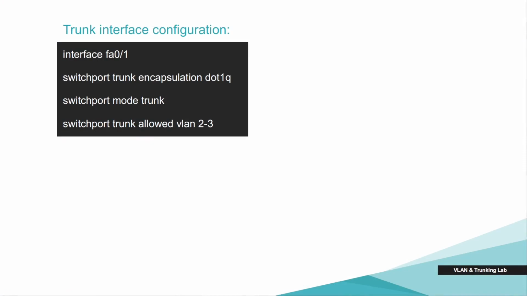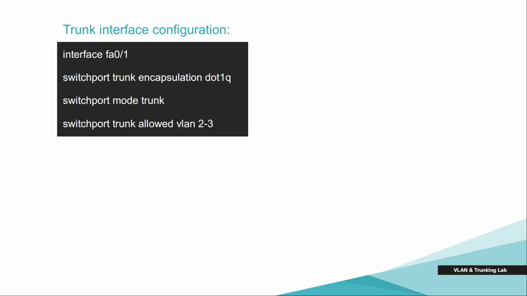The next step on my lab is to configure the trunk port. So interface Fast Ethernet 0/1 will be my trunk port, and the first command I should specify is the trunking protocol that I will use on my device. In my case, I will use 802.1q, and the command will be switchport trunk encapsulation dot1q.